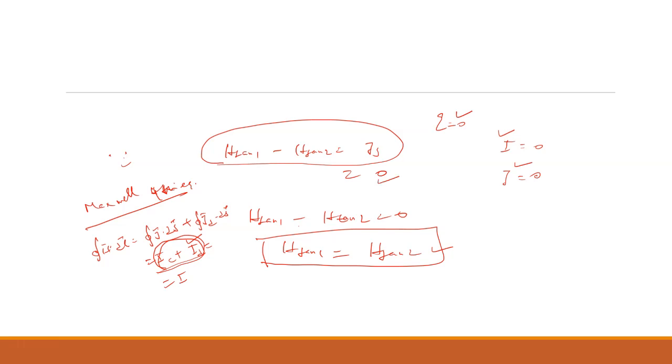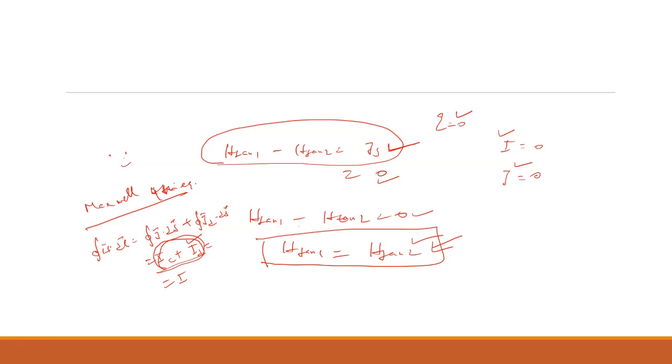So H tan 1 minus H tan 2 equals 0, or H tan 1 equals H tan 2. This is the statement: the tangential component is continuous except at the surface of a perfect conductor. So the second boundary condition has two statements: the magnetic field is continuous across the surface of discontinuity, except, second statement, at the surface of a perfect conductor.